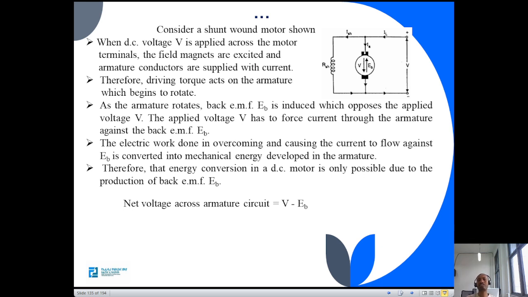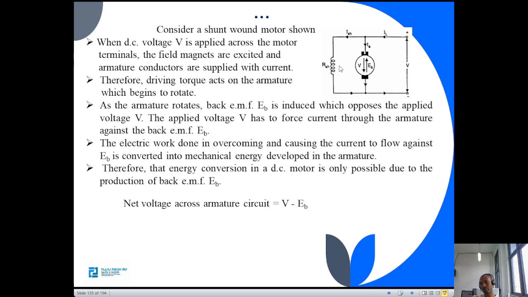Let us see just this one practical example. Now this is a shunt DC motor type. So when the DC voltage is applied to this terminal across the motor, the field windings are excited and the armature conductors are supplied with the current.